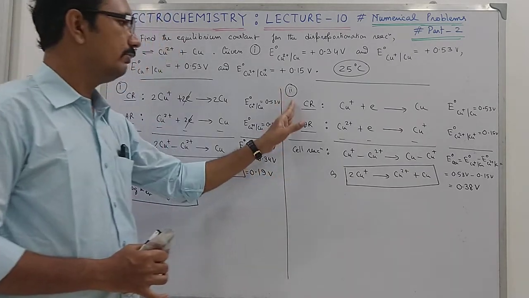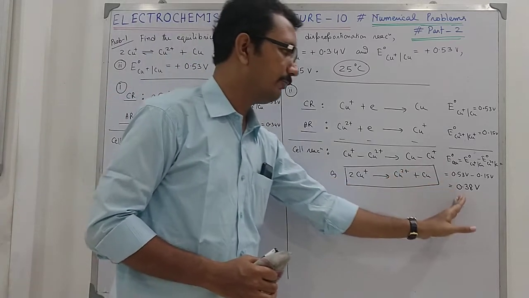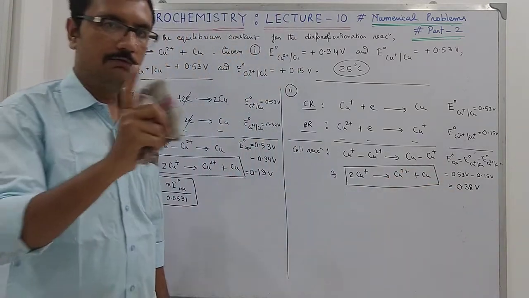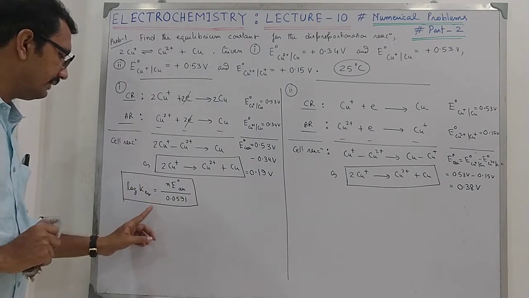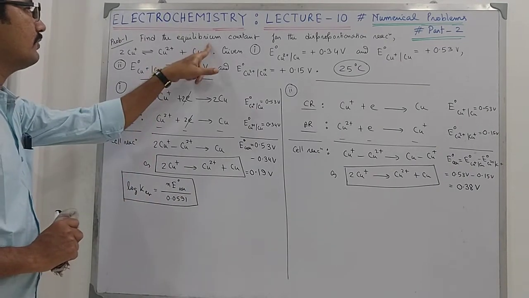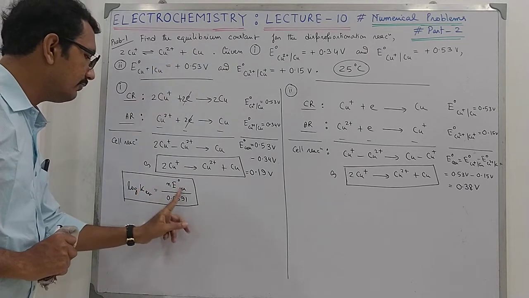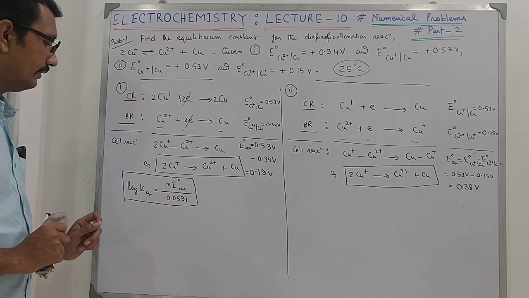And as per data set 2, the cell will have a standard EMF of 0.38 volt. Now, see the expression that we have obtained, which relates the equilibrium constant with the E0 cell.